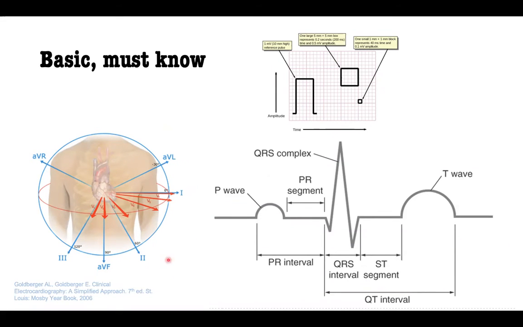From the left-hand side, you can see that there are 12 leads of ECG, and they all represent the 360 degrees of our body. The ECG itself will look like this on the right-hand side. There is a P wave, PR interval, QRS complex, ST segment, QT interval, as well as T wave.